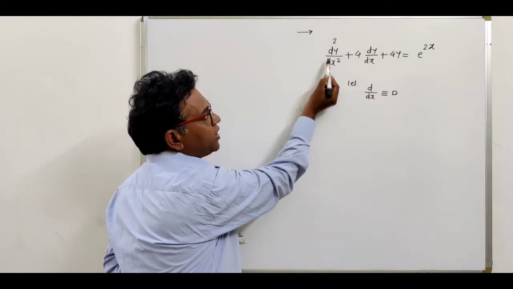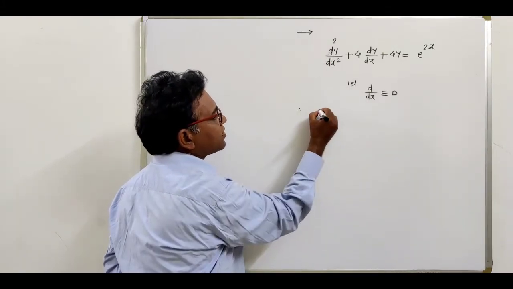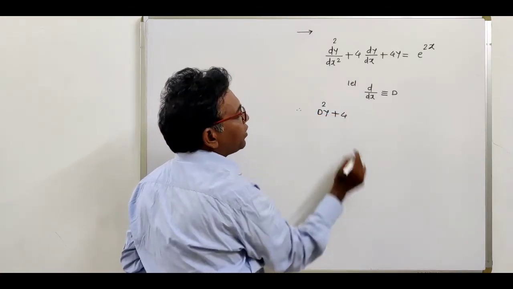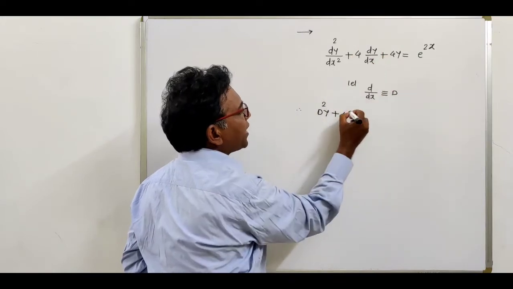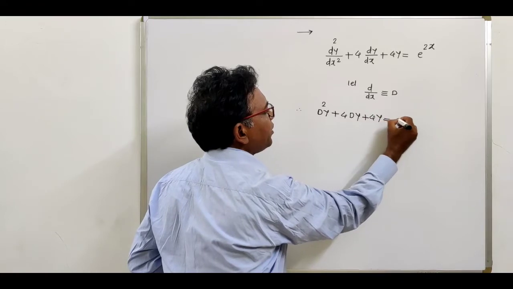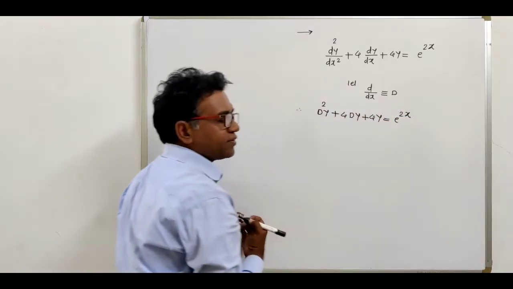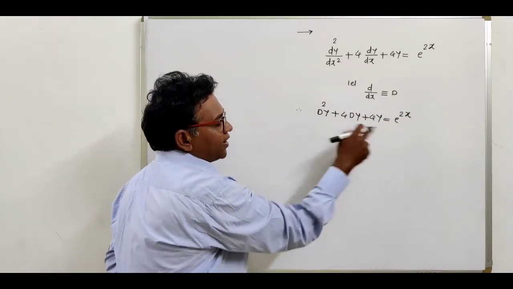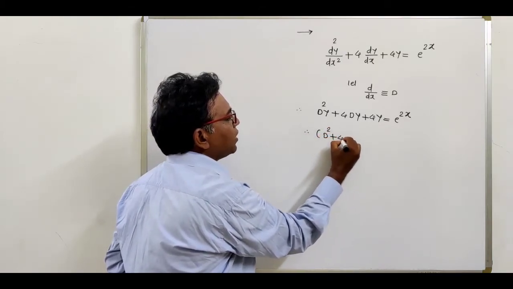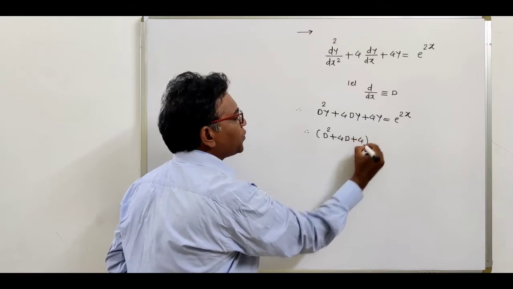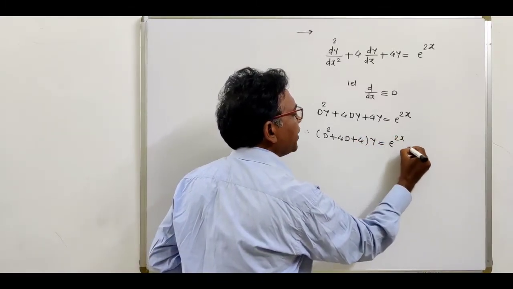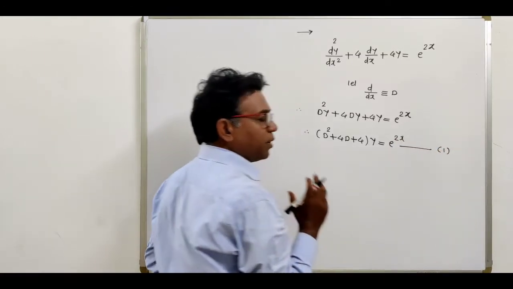This is D square y plus 4 Dy plus 4y is equal to e raised to 2x. Now let us take y common. So what is this equation? This is (D square plus 4D plus 4) y, where y is the common term, equal to e raised to 2x. So this is our equation number 1.